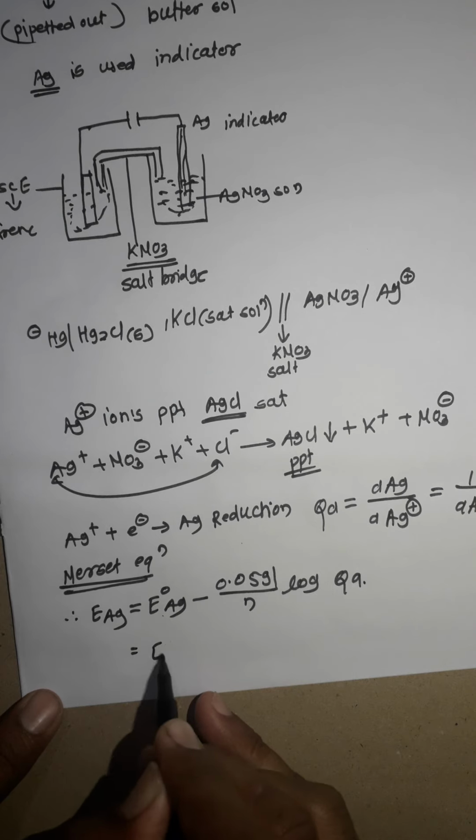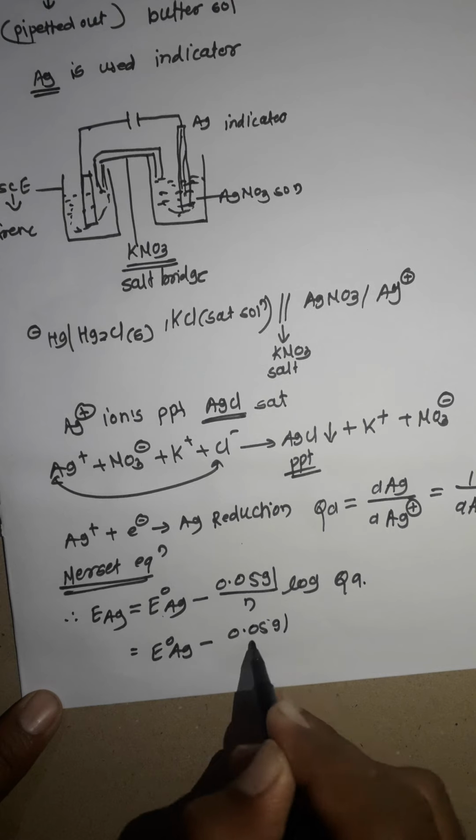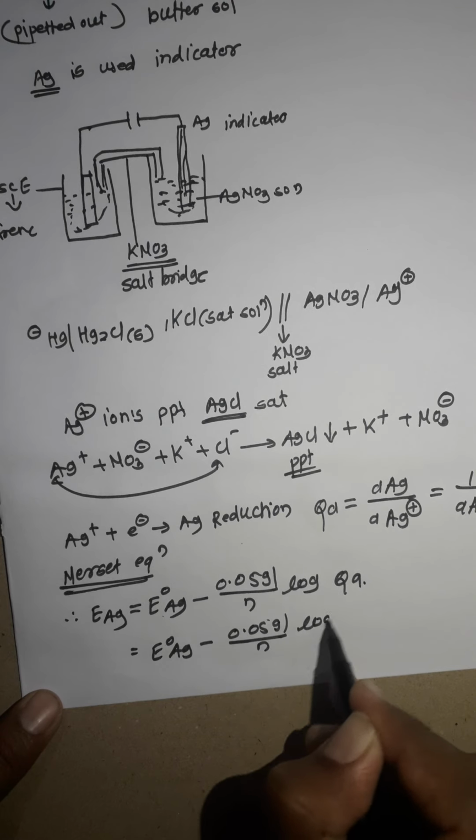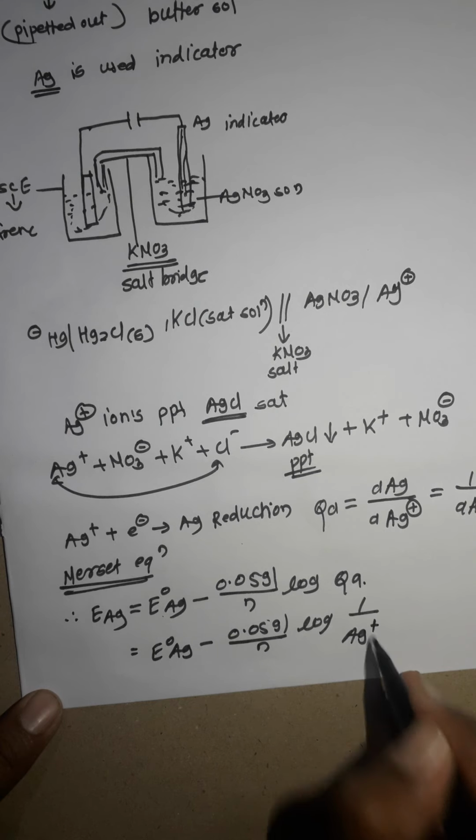That is, E0 of Ag minus 0.0591 upon n log of the reaction quotient, which means 1 upon Ag plus ions.